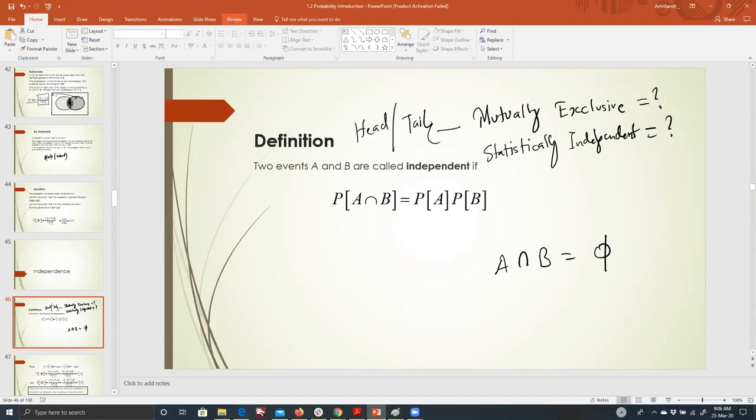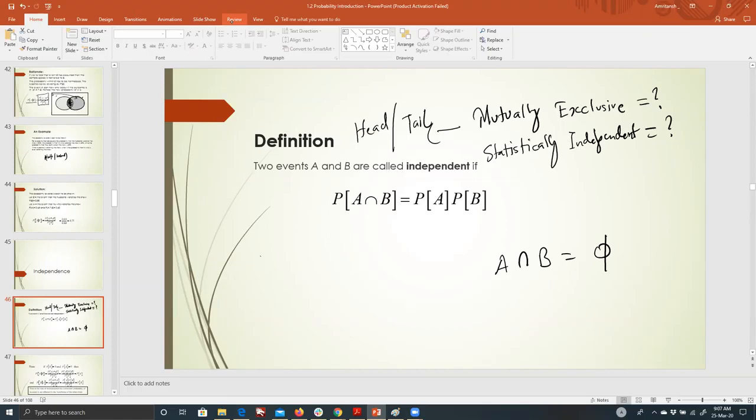Okay. What about statistically independent? What is that? Is it like a sequence of events? Yes, something with a sequence of events, but still, what is statistically independent? Let me give you an example.